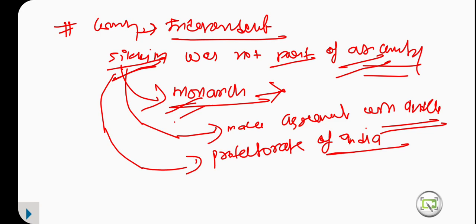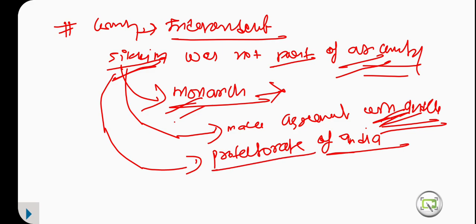So Sikkim decided to make an agreement with the Indian government, and Sikkim became the protectorate of India.